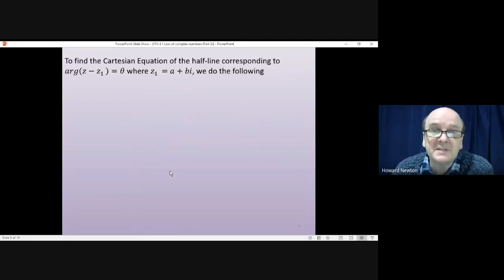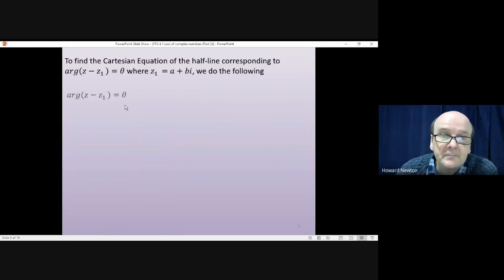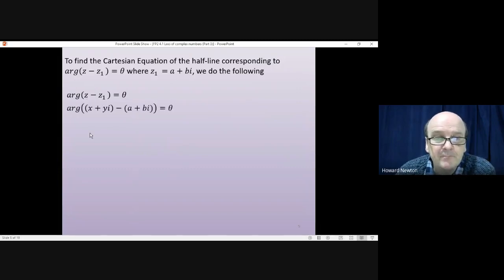Okay, to find the Cartesian equation of a half line corresponding to the argument of z minus z1 equals theta, we do the following. We start just with the definition of the locus itself, and then z is a general point, x plus yi, and z1 is a fixed point where you know a and b. We substitute those in.